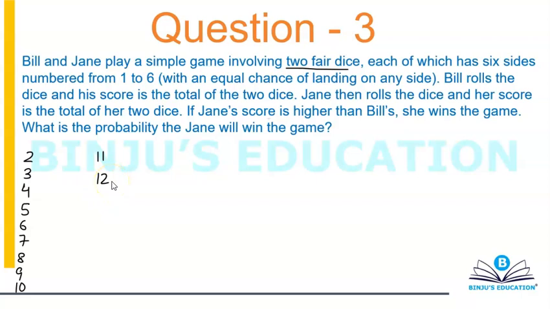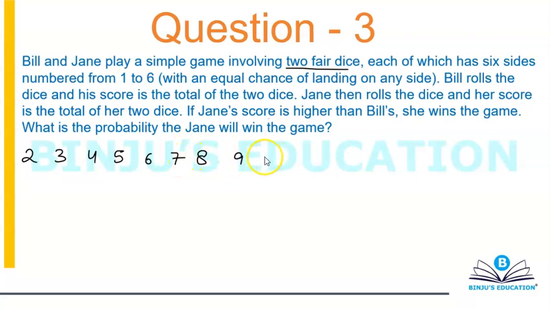These are the only possibilities. So let me write them, because I'll be writing the probabilities also: 2, 3, 4, 5, 6, 7, 8, 9, 10, 11, and 12. These are my possible outcomes.